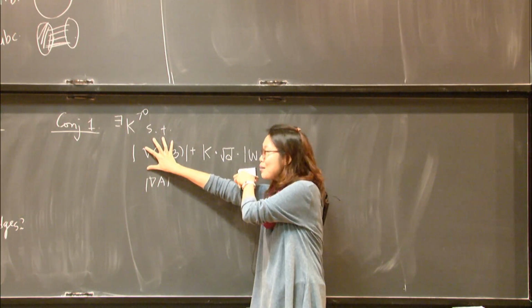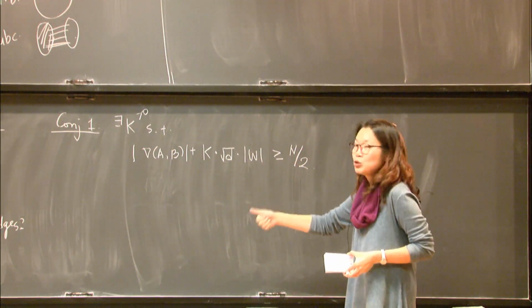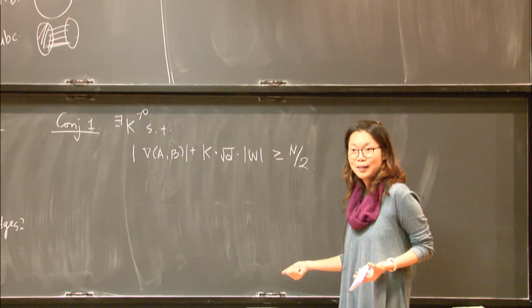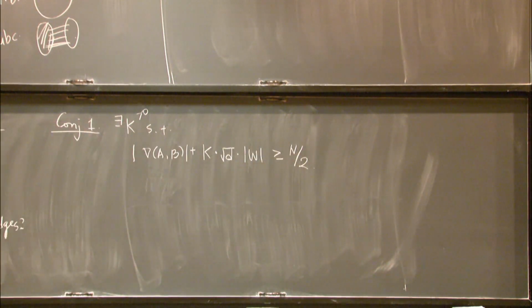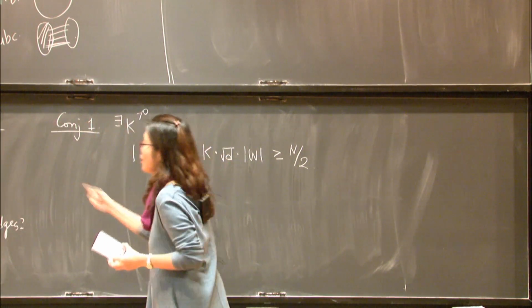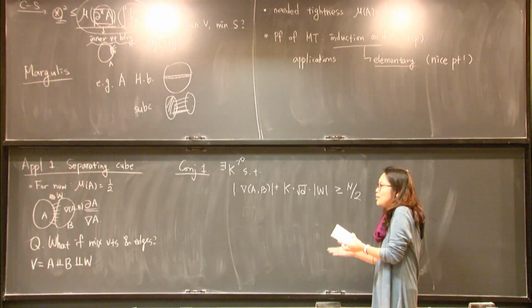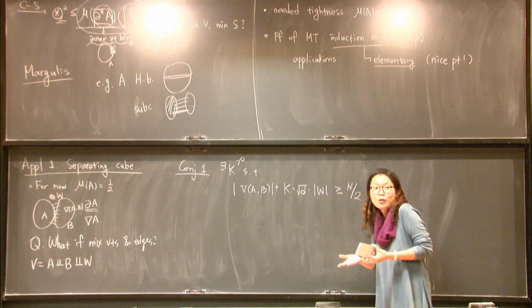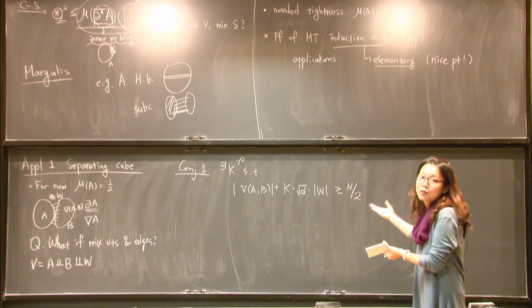And what we conjecture is, no matter what W and B we choose, we cannot do better. This is in the same spirit of these trade-offs, but somewhat different, because when we mix nabla AB and W, they are not exactly vertex boundaries or edge boundaries, but still, to isolate A, we claim that we cannot do better than that.